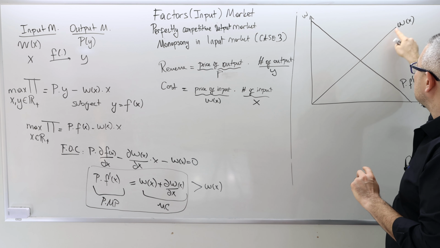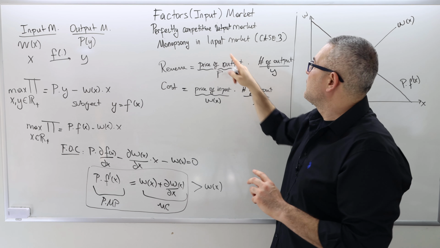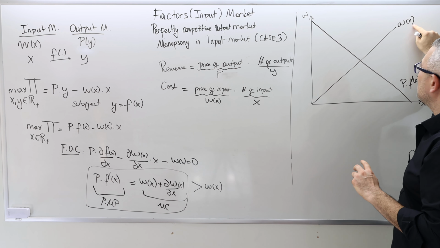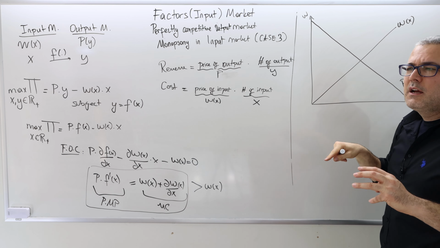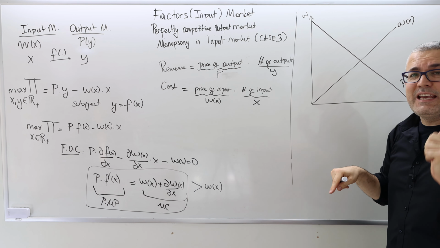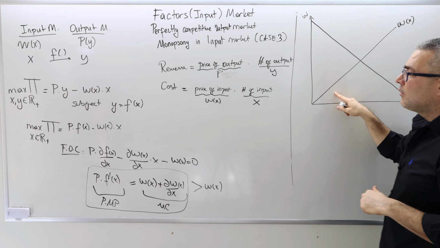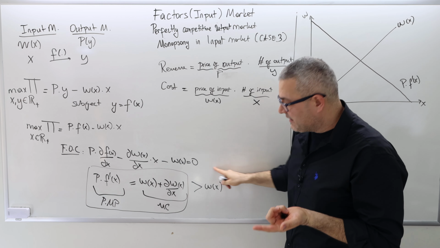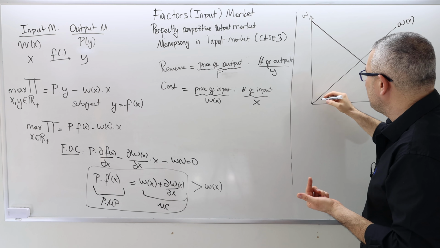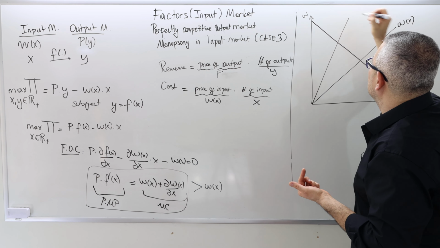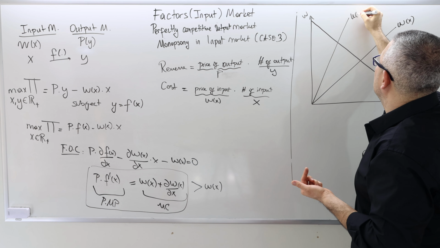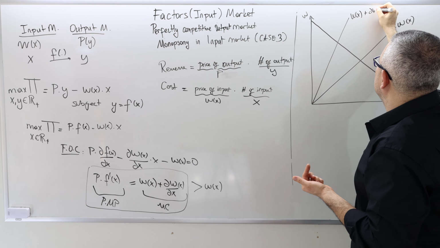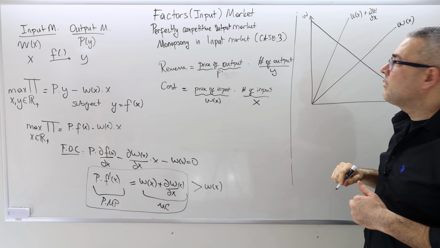The function W(x) is the marginal cost in case 1. However, we are in case 3, so our marginal cost is higher than this supply curve. Higher means it's steeper, something like this. This is W(x) plus dw/dx, okay?